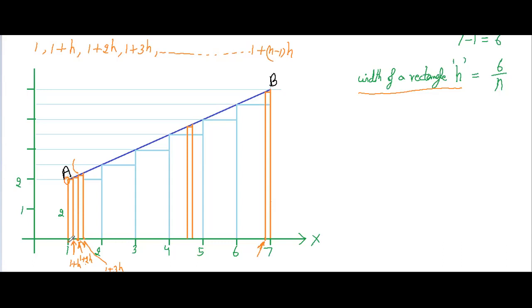So the x coordinate is 1, the y coordinate is 2. And what are the coordinates of the point B? From the graph, this is the last point of the straight line segment. X coordinate is 7. And what is the y coordinate from the graph? Let us complete the marking here. This is 5.